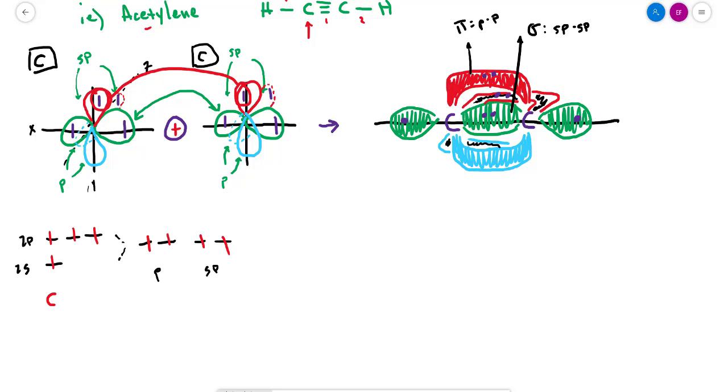And then last is the hardest one to see, but that's that p orbital that on the left here is the dashed line that's pointing into and out of the screen, and I tried to draw it into and out of the screen here, but there's these two purple electrons that are also there, and that's this last pi bond, and that's also a pi bond.